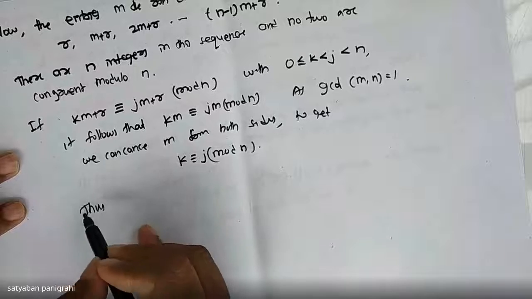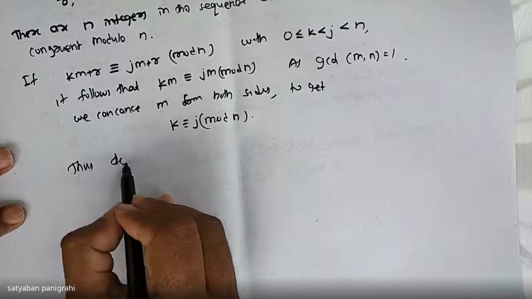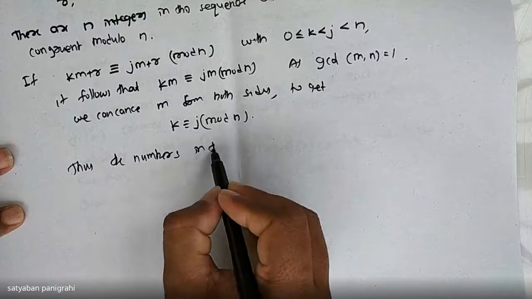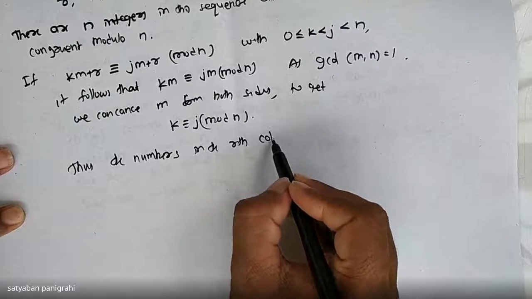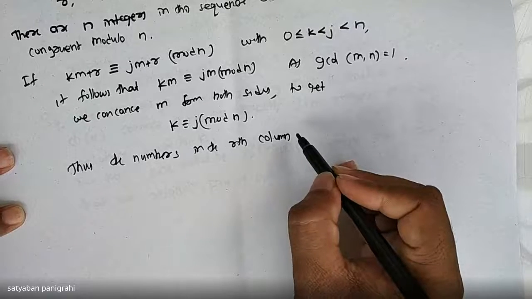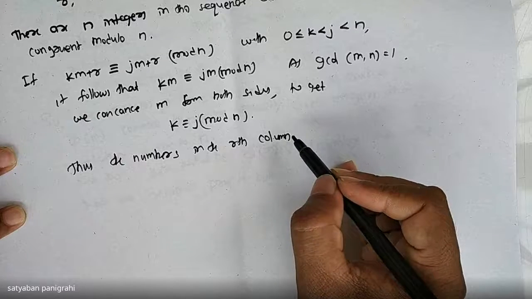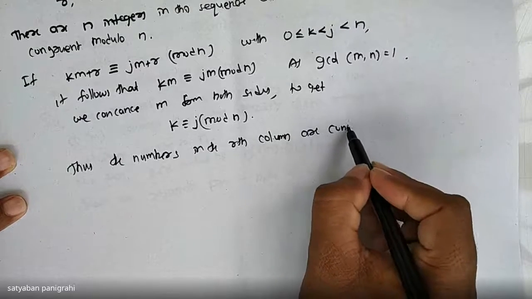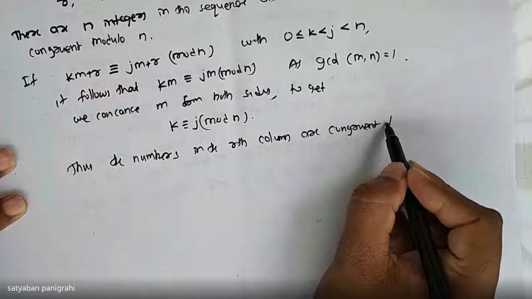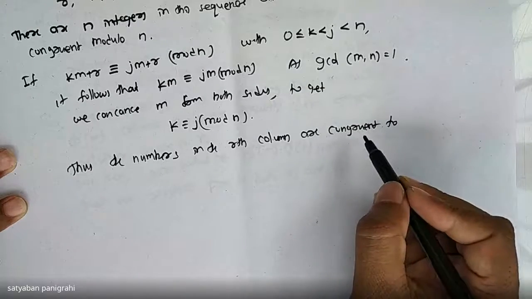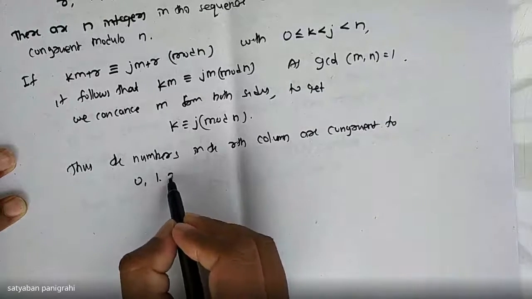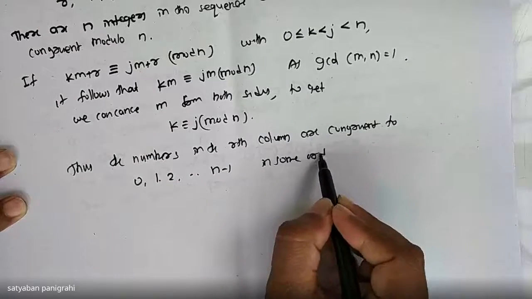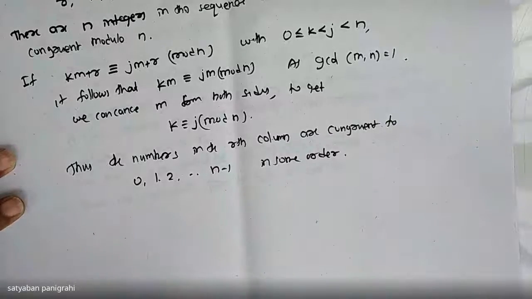Thus the numbers in the rth column are congruent to 0, 1, 2 up to n minus 1 in some order. Okay.